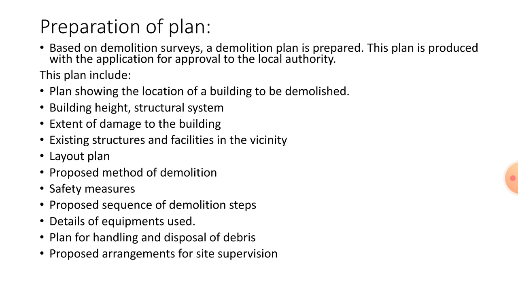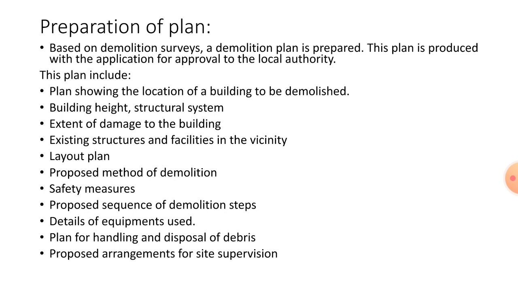And existing structures and facilities in the vicinity must be known, and the facilities that are provided near the building. And after the layout plan, the proposed method of demolition, the proper method which should be followed, should be signified there. Safety measures, what the safety measures should be, I will discuss further.